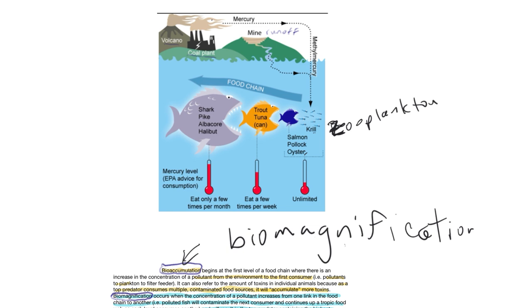And shark and pike, these are bigger fish. So they eat a lot of tuna. So a lot more mercury gets concentrated in their body because the fish they eat has accumulated it already, and they eat more trout than the trout eats salmon.